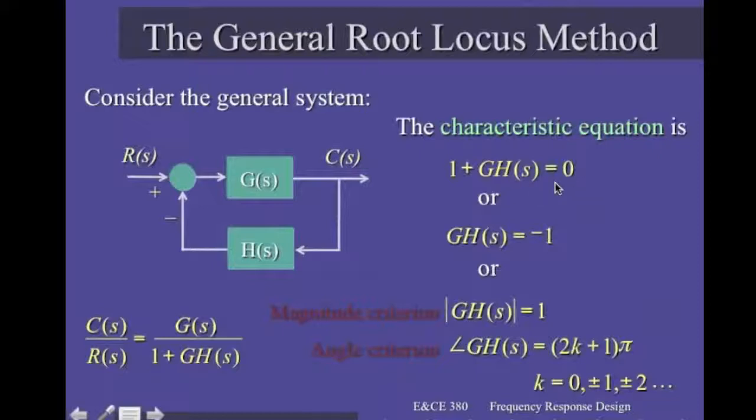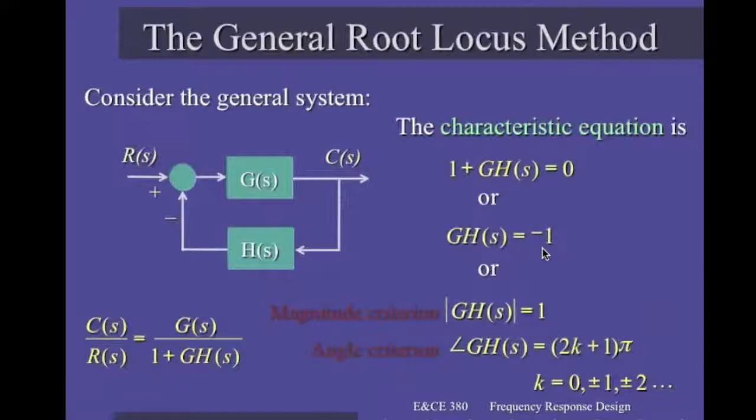Here a slightly different symbol is used. Here GH is the symbol used to indicate the overall open loop transfer function. Of course, the same equation can be rewritten as GH, or G open loop of S, equal to -1.